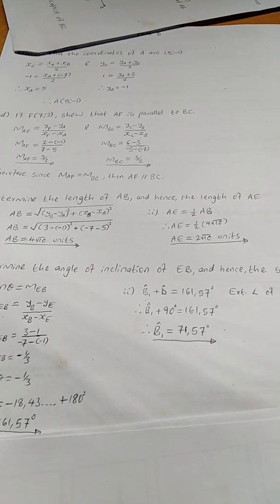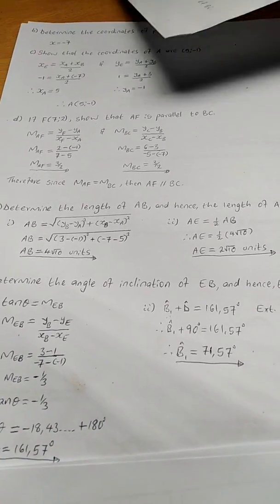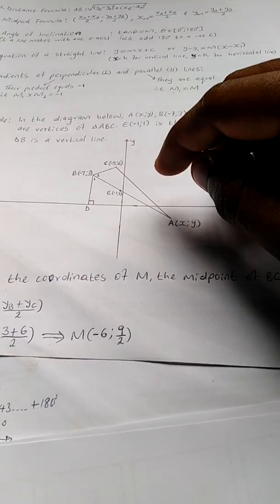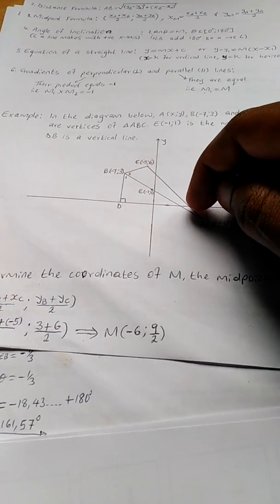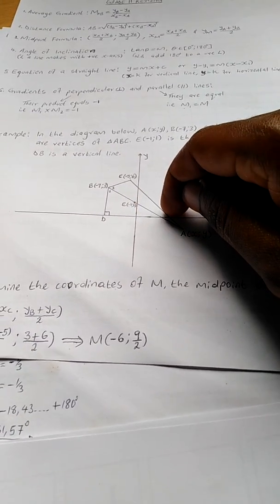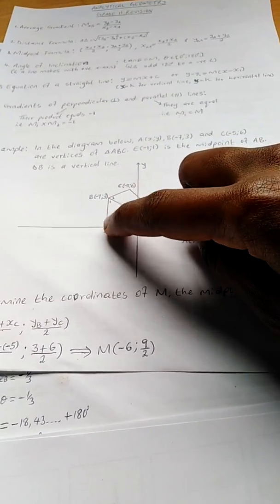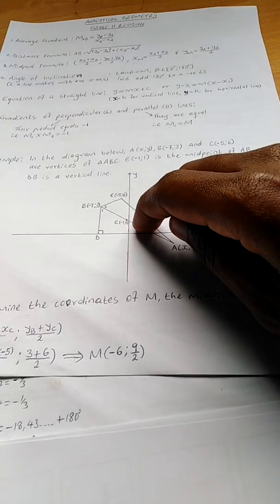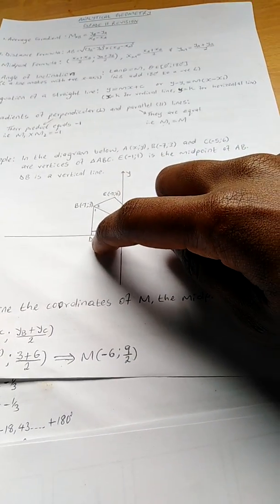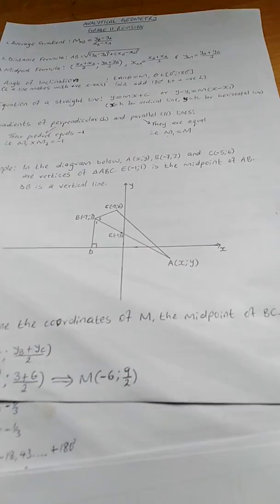Now, to find B1, guys, to find B1, it means your 161.57, it's this angle here. I've already told you that. Now, this angle, if you look at this triangle, this will be the exterior angle with D and B1 being the opposite interior angles.